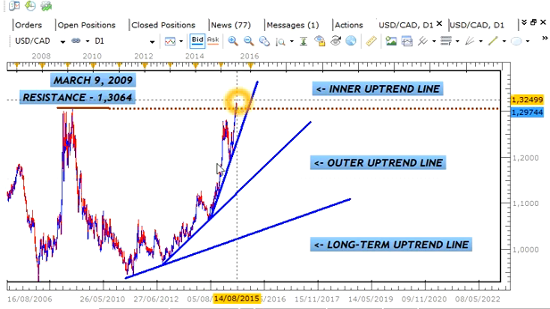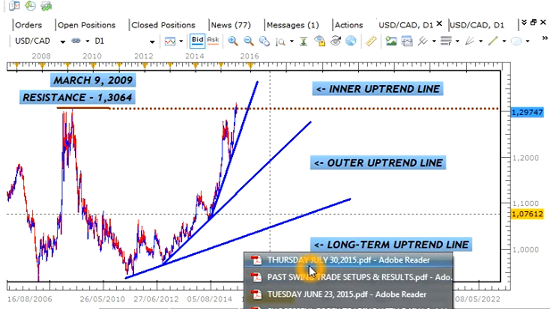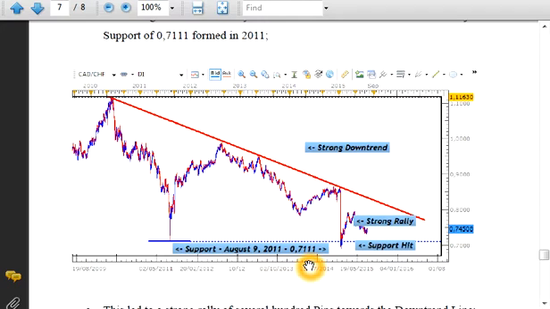An example of this situation took place not too long ago on the Canadian Swiss franc. This downtrend gradually came to a halt when we hit this support point formed in 2011.